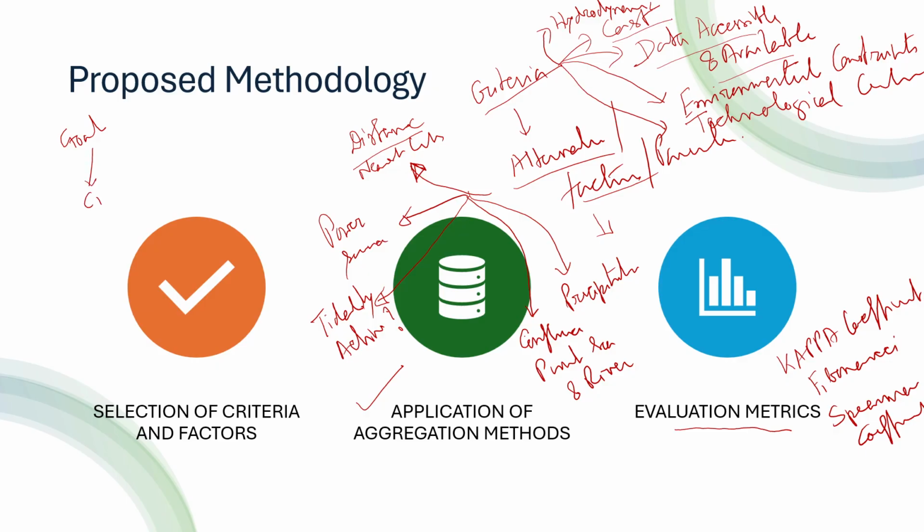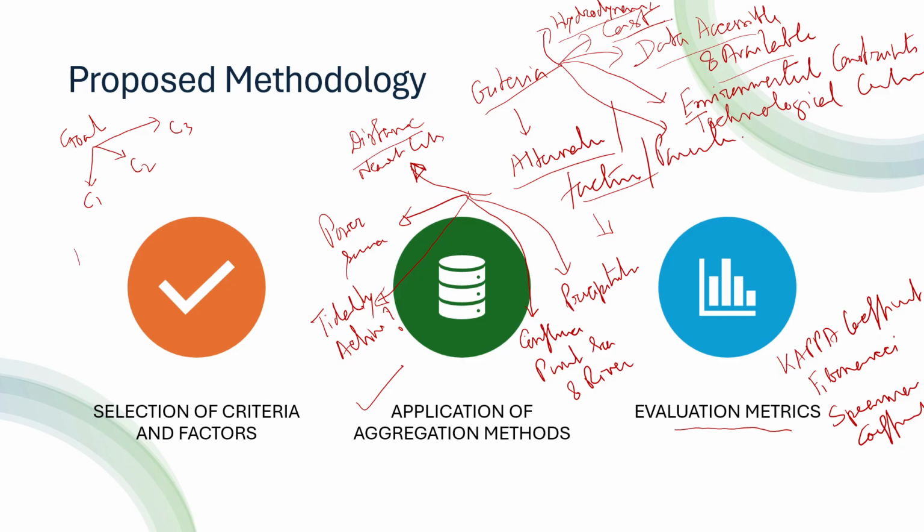Now you'll use some criteria to evaluate this location with respect to your goal, whether this location can be used for sensor installation or not. For that, you are using the hydrodynamic activity of that location, cost for installing in that location, data accessibility and availability, environmental constraints, technological constraints, etc.